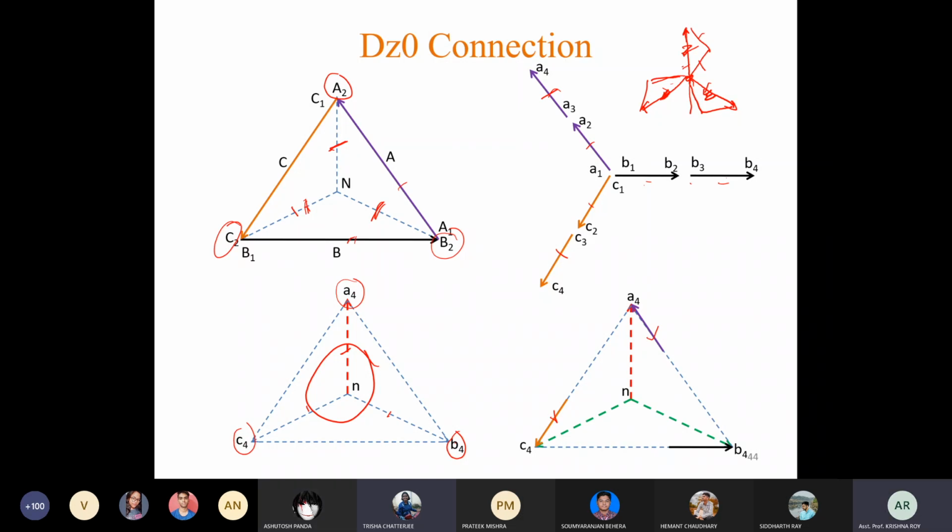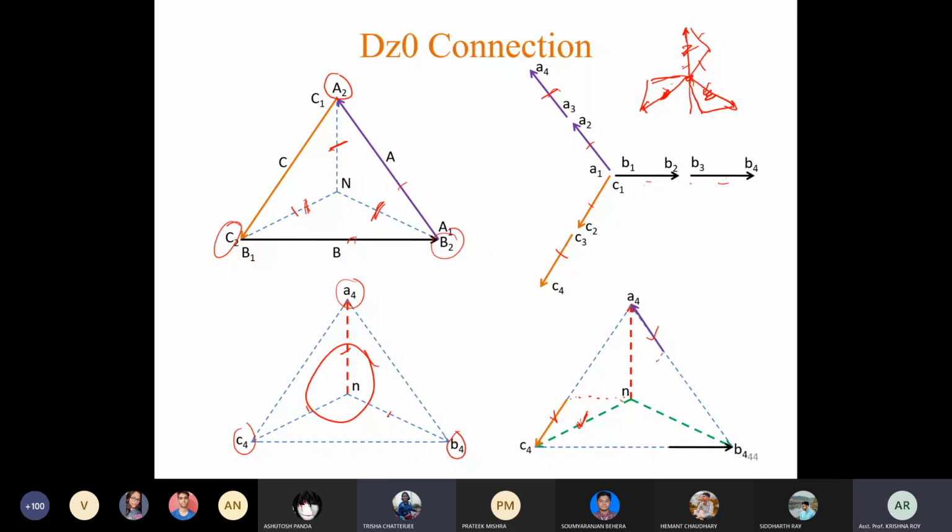Yes, sir. Okay, now to make this one as a resultant of two phases, we need one phasor here, isn't it? Along this direction, we need one phasor, so that the resultant of this one and this one will become this phasor, NC4, isn't it?